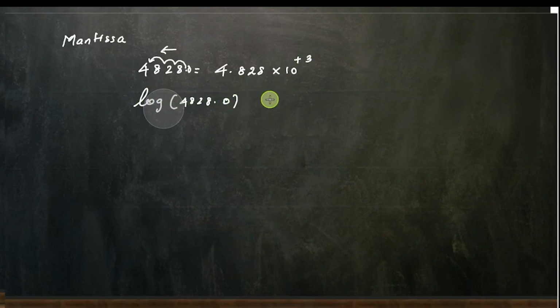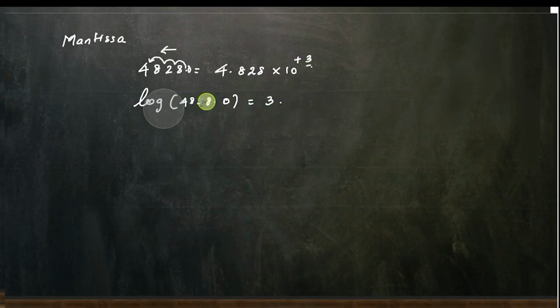If I move the decimal place towards the left side, the decimal point would come between 4 and 8. And then the power of 10, since we are moving towards the left, becomes plus. Moving 3 places, it is 3. Now you write the log value for this number. Write the characteristic value as 3. Whatever you have got over there, write it as it is.